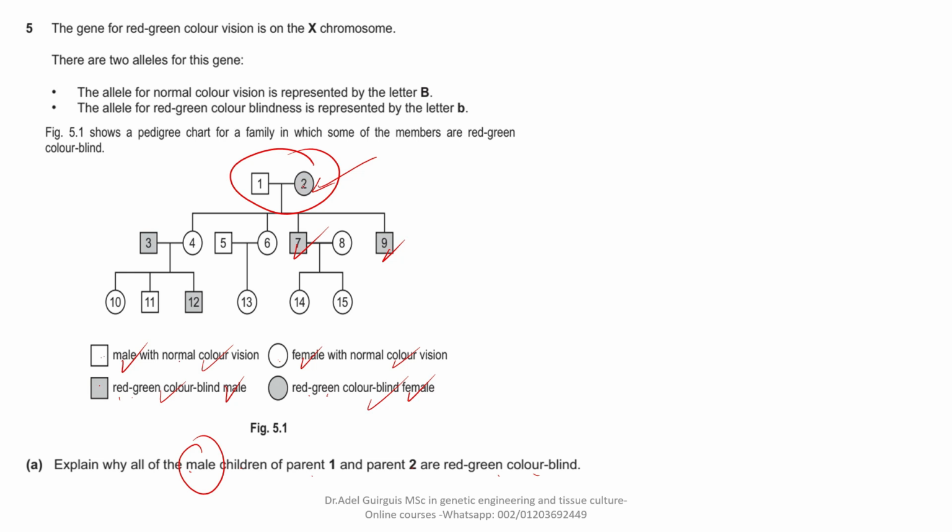Their mother is color blind, while the husband, the male here, the father only passes the Y chromosome to his sons, so Y is not responsible for transmission of this inherited disease. So the answer: why are male children from parents 1 and 2 red-green color blind?